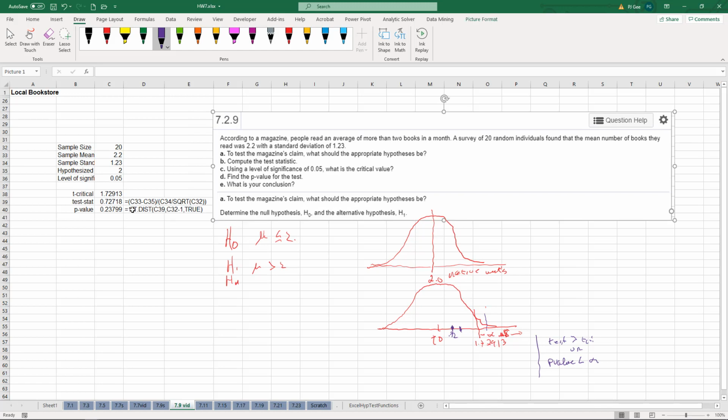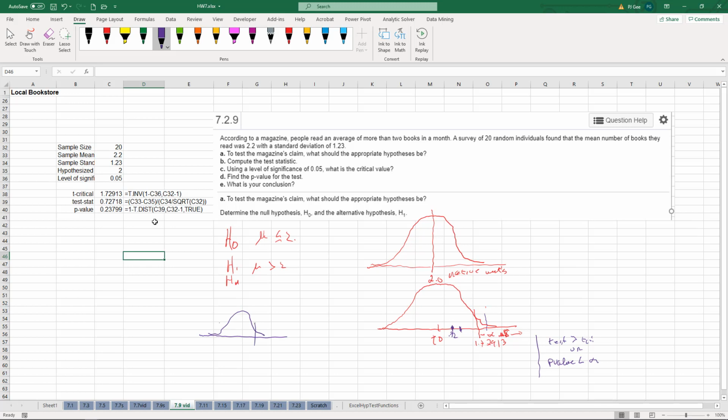All right, I'll run this one as well. And there you go. So now you're set up for doing two different kinds of z's. You could run z whether you're doing the upper or lower tail.